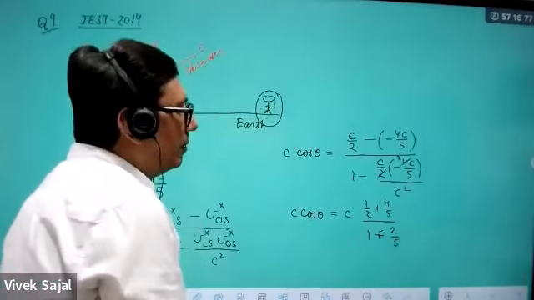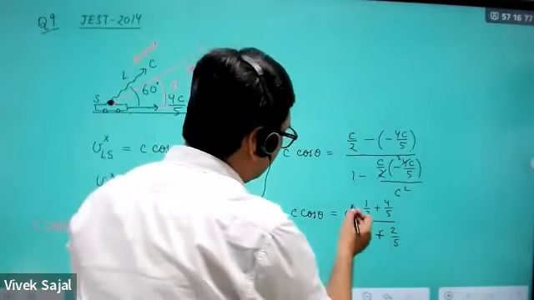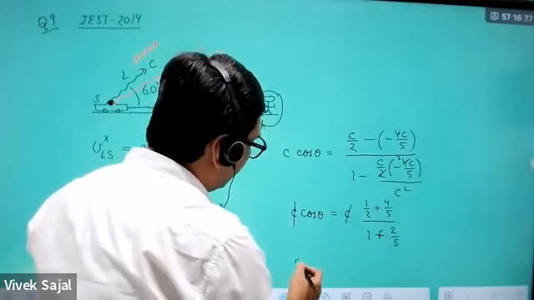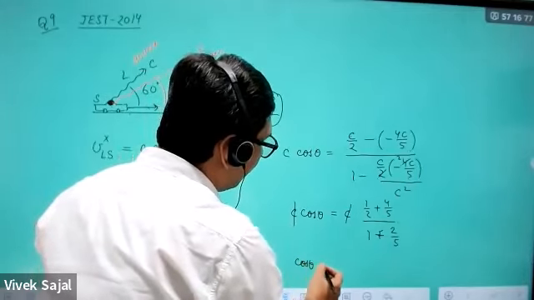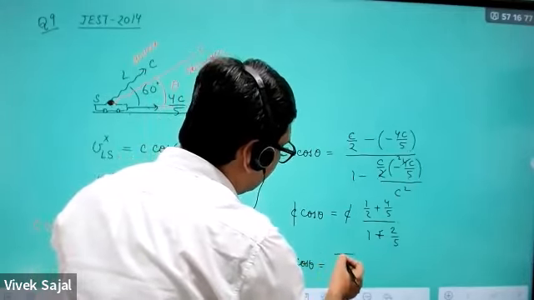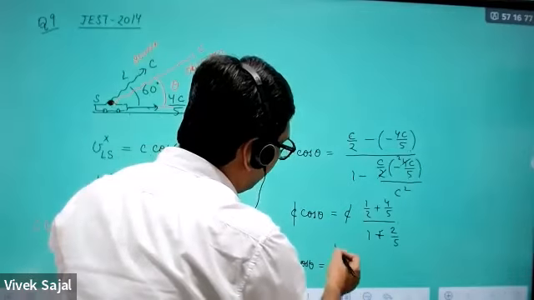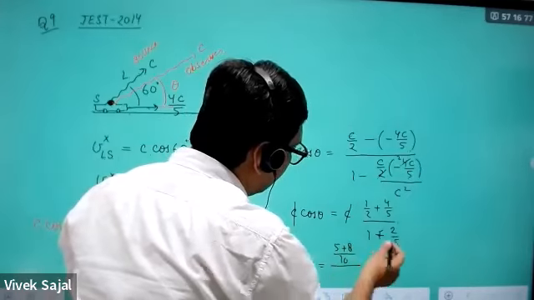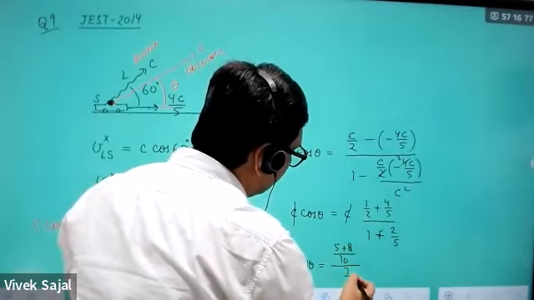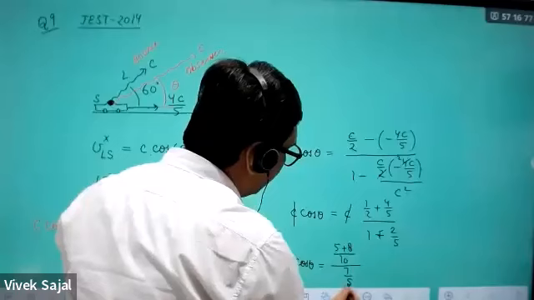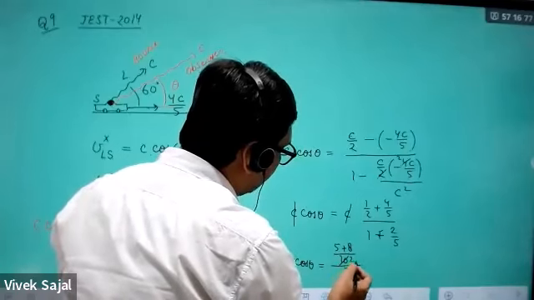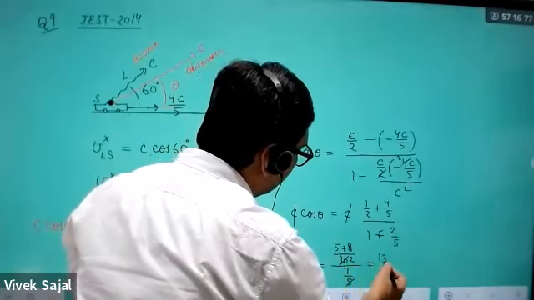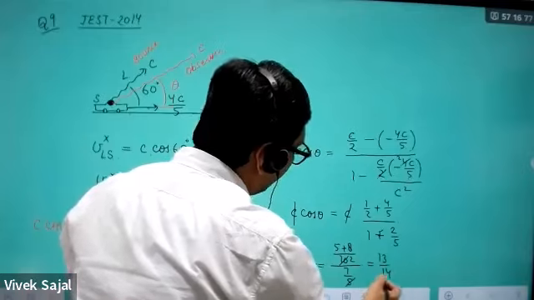Okay beta, c cancels with c, cos theta will be 5 plus 8 over 10, divided by 7 by 5, and so this will be 13 by 14.